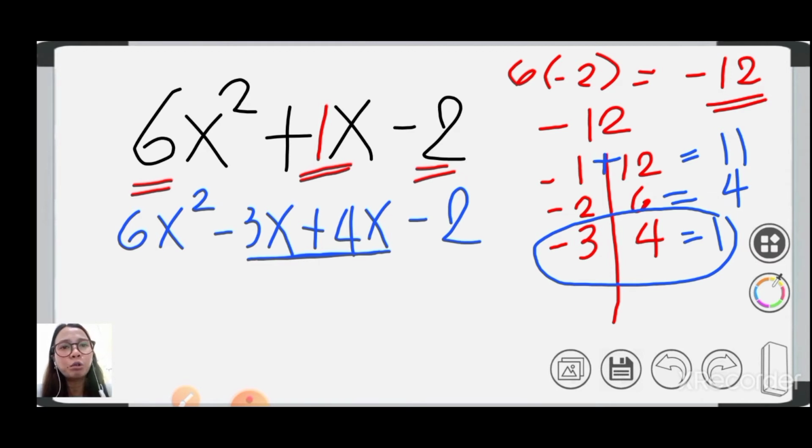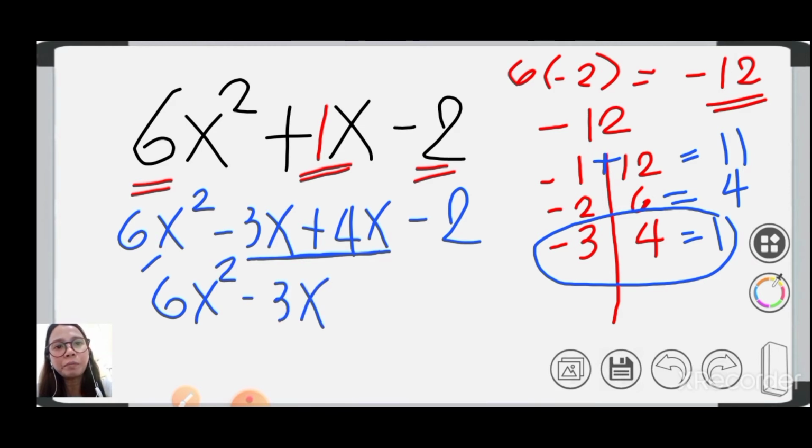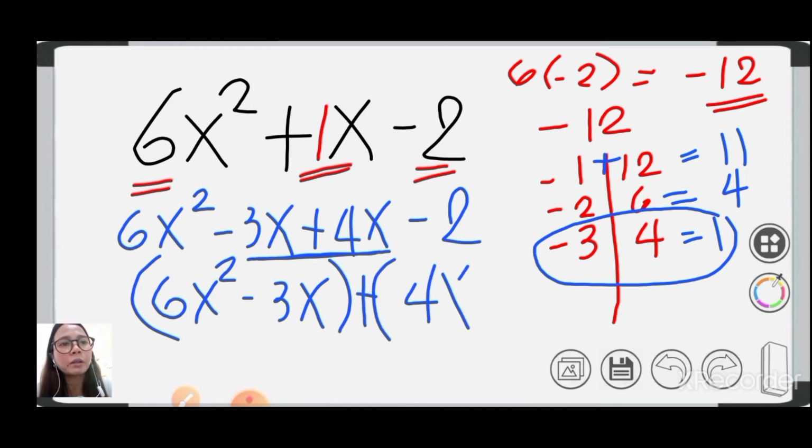So let us group 6x squared minus 3x, then plus 4x minus 2. We will be getting the factors of the first group and the second group.